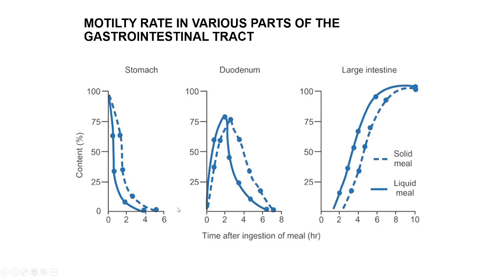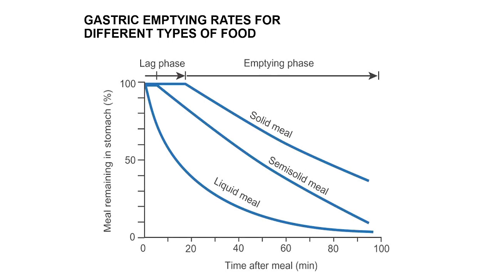It's much faster in the stomach, and then it slows down because most part of the stomach is vertical. So the content of the stomach is largely under the influence of the force of gravity, which allows quick evacuation of liquids. It's again emptying time.